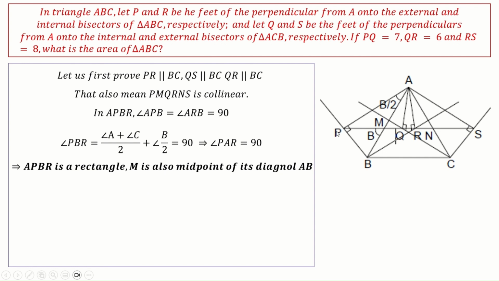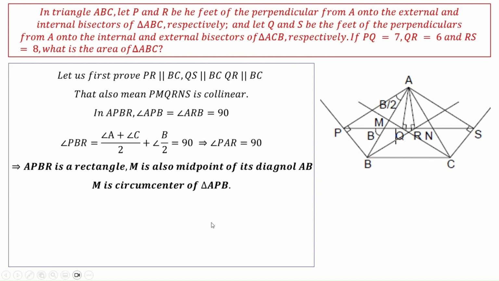Obviously PR and AB are diagonals, so M is the midpoint. Note down all these rectangle properties and remember those, they are all useful. Also M is the circumcenter of triangle APB. Why? APB is a right angle triangle and M is the midpoint of AB, so obviously this is the circumcenter of APB.